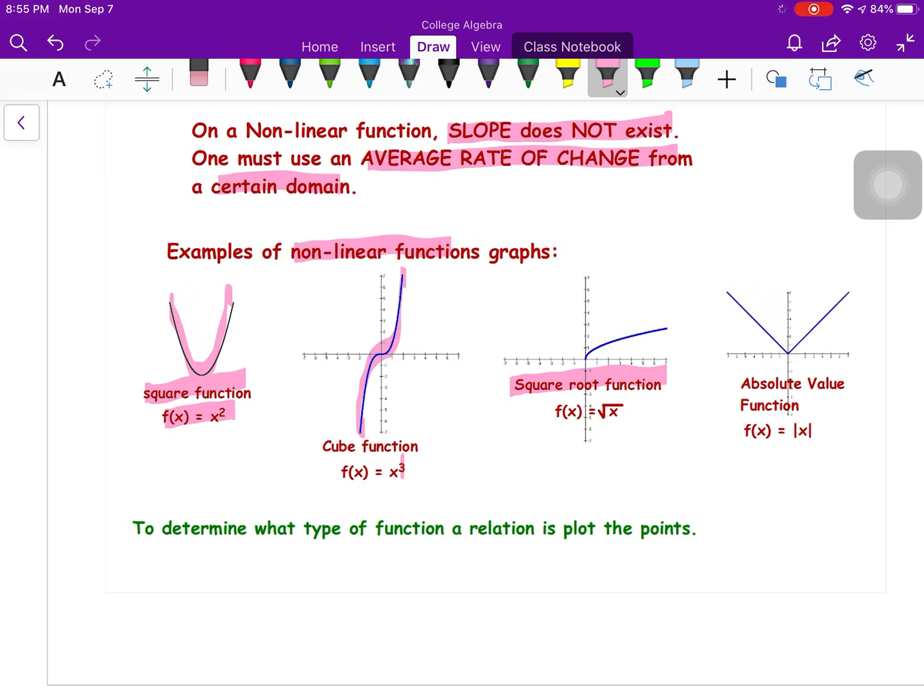The only operation I can do in a linear one is multiply and then add, not square root. Likewise, y equals absolute value. That is another operation. If you look at these graphically, the square root graph is also a curve. If you look at the absolute value graphically, it is not just one straight line, but two.